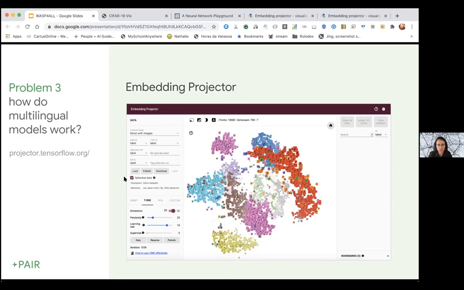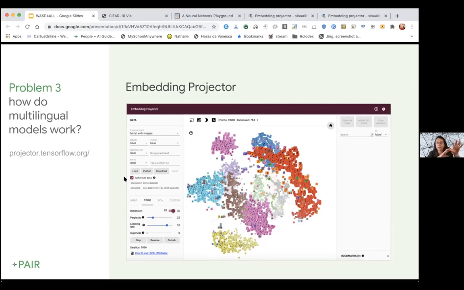Why am I asking this question? Because I work at Google and Google does a lot of translation. And lately, Google has started using very powerful multilingual models for translating from multiple languages into multiple languages.